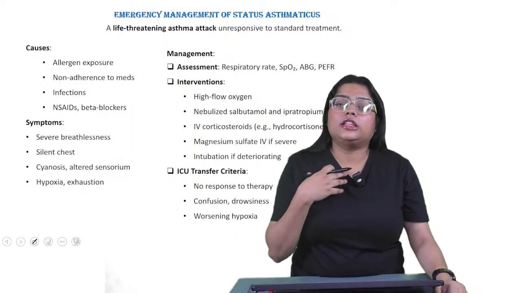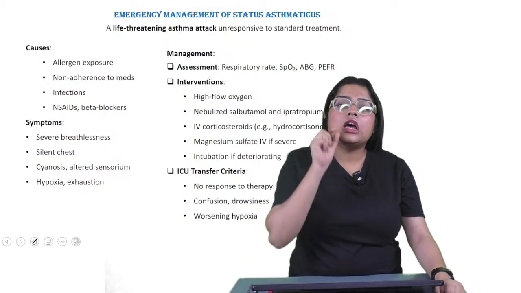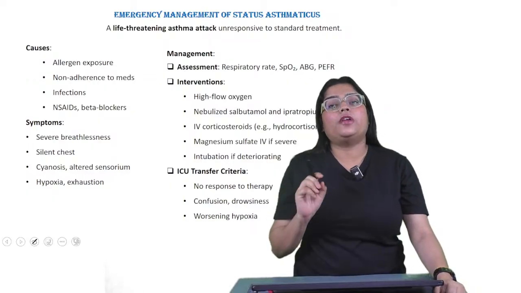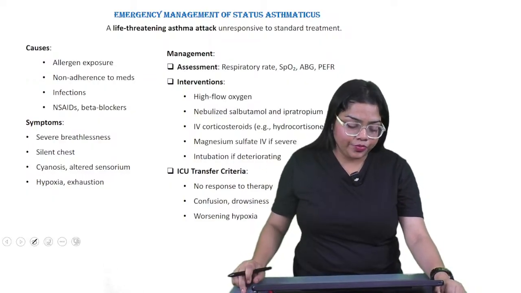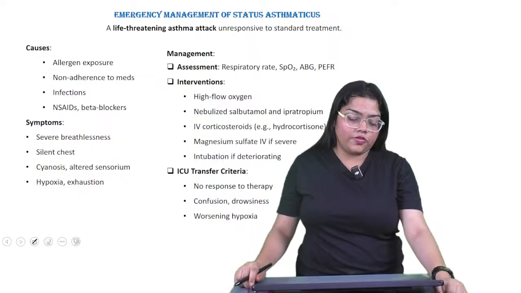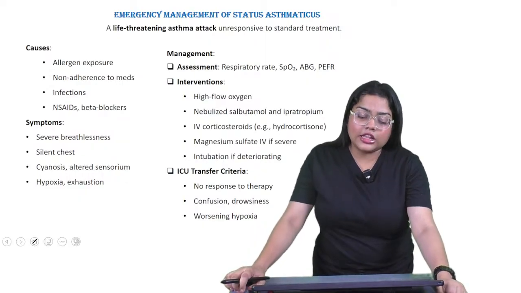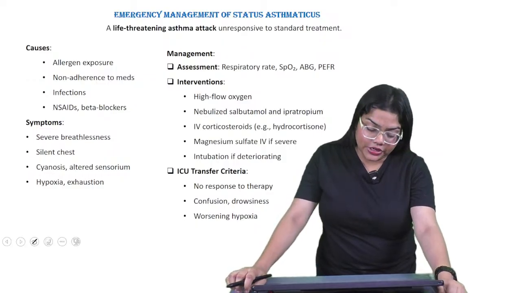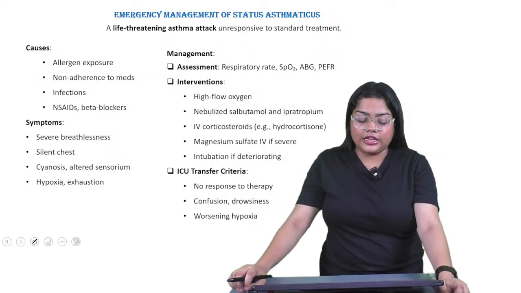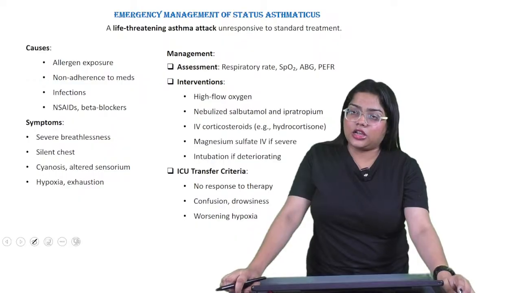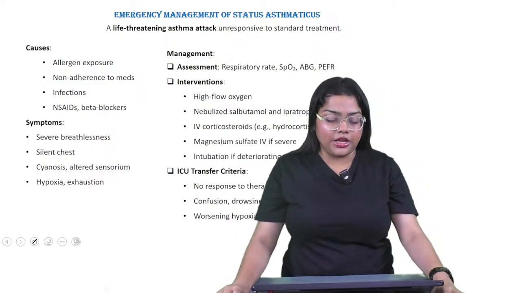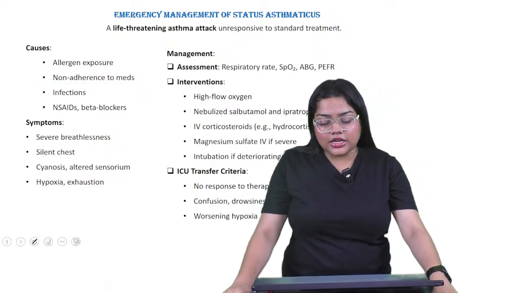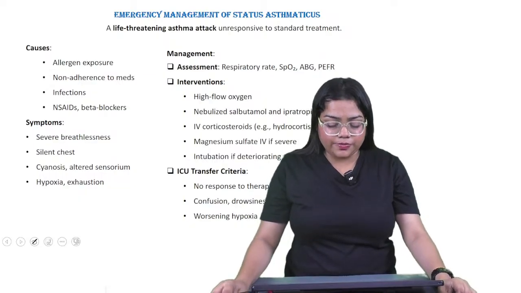It will also obstruct their airways, because the airways will be inflamed due to the allergic reaction. So the first cause is allergen exposure. Then non-adherence to medications, any kind of infection, non-steroidal anti-inflammatory drugs, and beta blockers are the main causes of status asthmaticus.